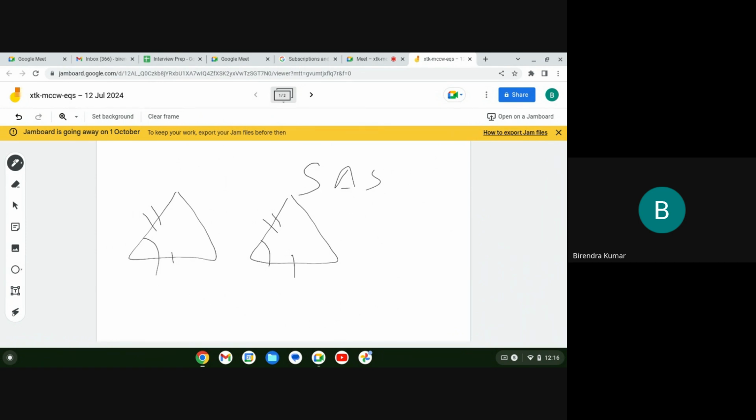And what we are trying to do for proving it is, if we find out that the third side is also same, then we can prove that these two triangles are congruent, because SSS is something that we practically did, and we know that this has to match.